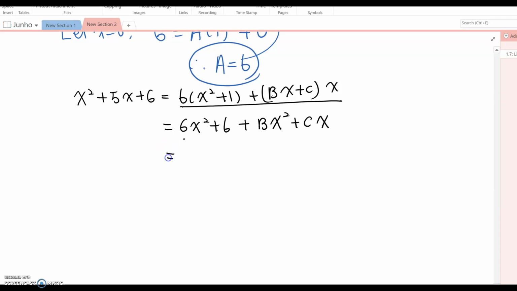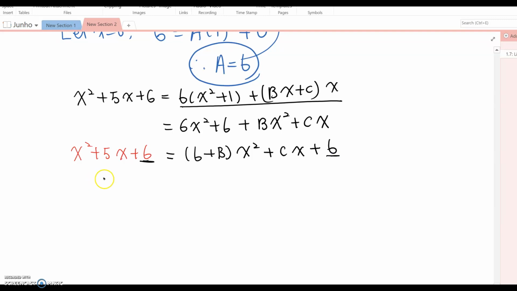Now just rewrite using descending order and combine like terms. Then you can write (6 plus B)x squared plus Cx plus 6, and that must equal x squared plus 5x plus 6. Sorry, this constant becomes 6 actually.